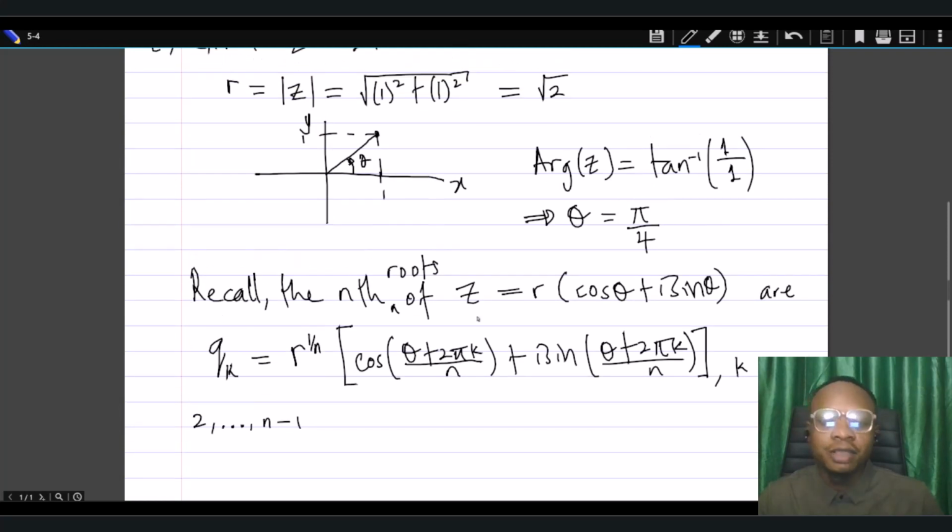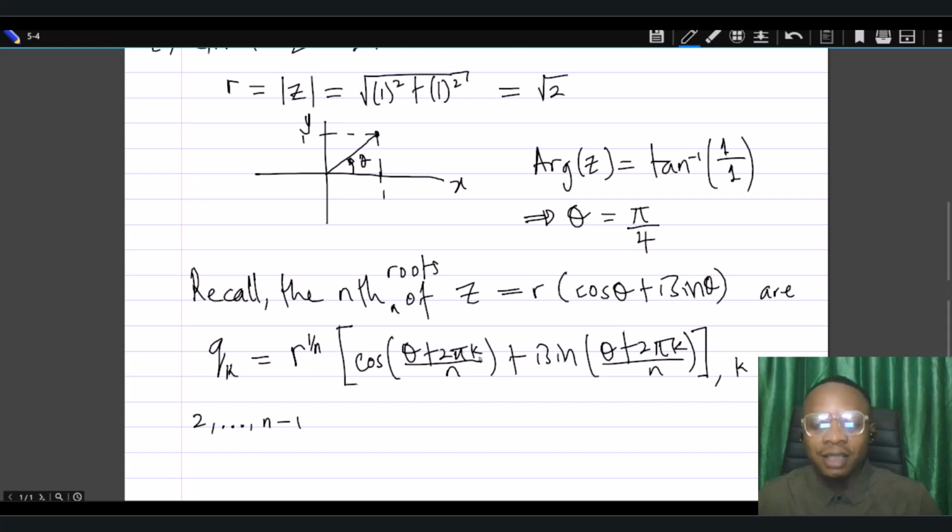That is, as we've written here, the modulus of the complex number whose roots are required. n is the position of the root, so to speak, that you want to get. For instance, if it's square root, n is equal to 2. If it is cube root, n equal to 3. If it is fourth root, n equal to 4. If it is fifth root, n equal to 5. So that's how you get your n. It tells you the roots that you want to get.